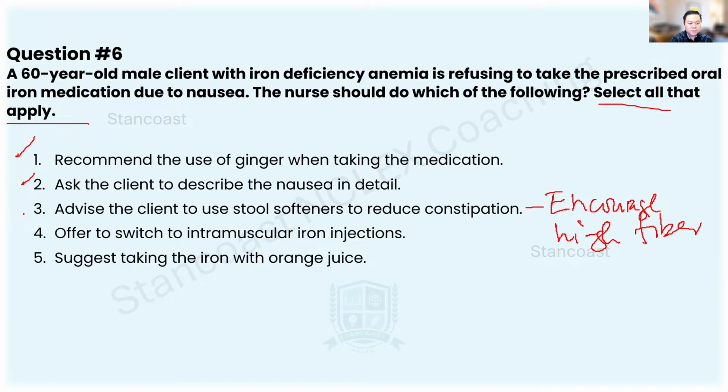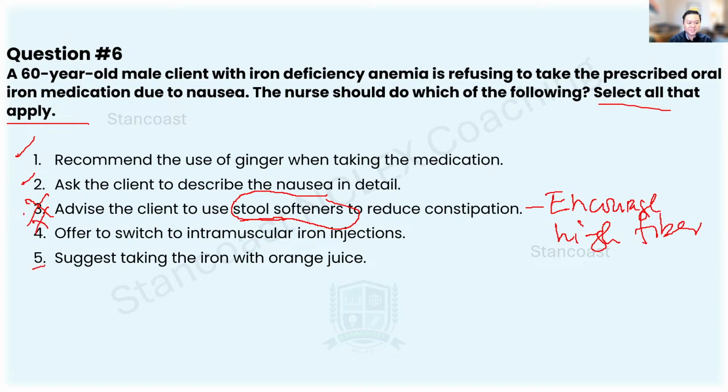So stool softeners will be used after the high fiber diet is not effective. So we are going to eliminate 3. What about number 4? Offer to switch to intramuscular injections. You think this would be appropriate? Well, as we know, intramuscular injections for the iron is only reserved for those cases where there is an ineffective absorption of the medication orally, or maybe because of possible severe side effects in the GI tract. So we are going to eliminate this one. This will not be appropriate this time.